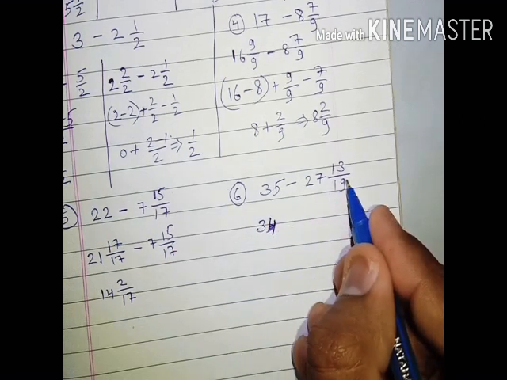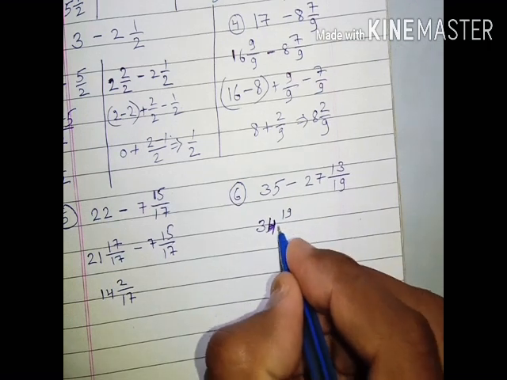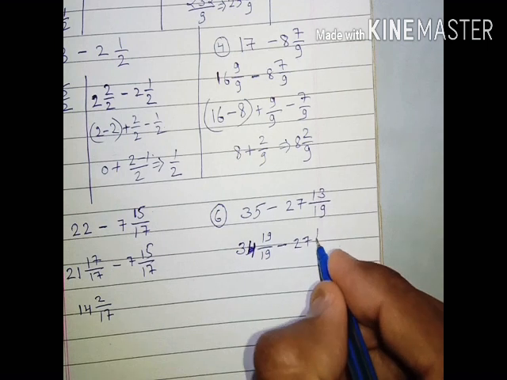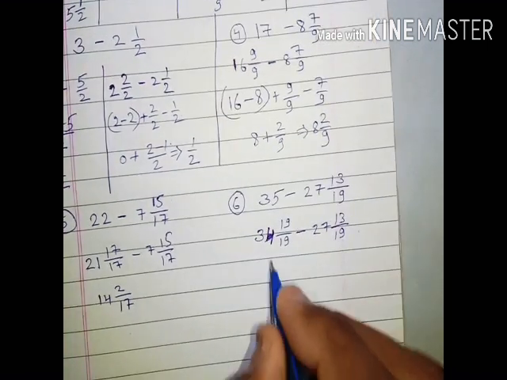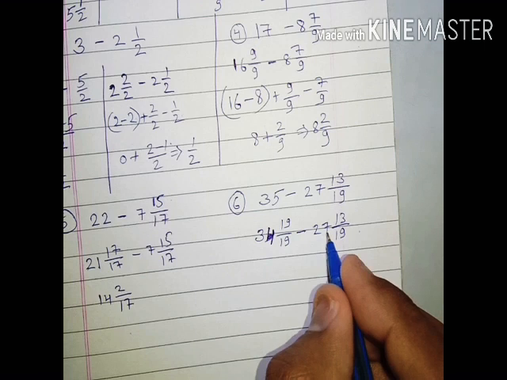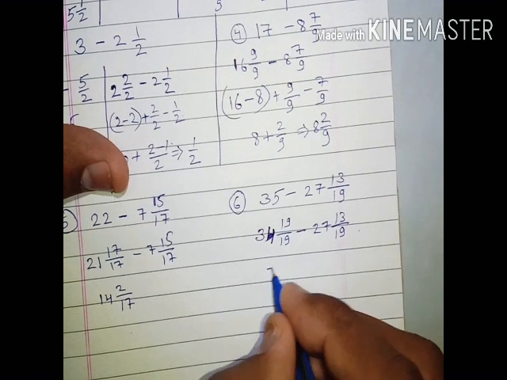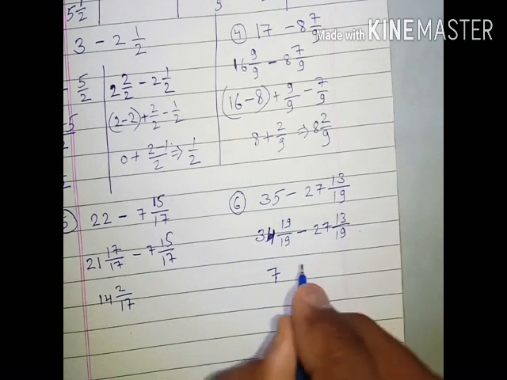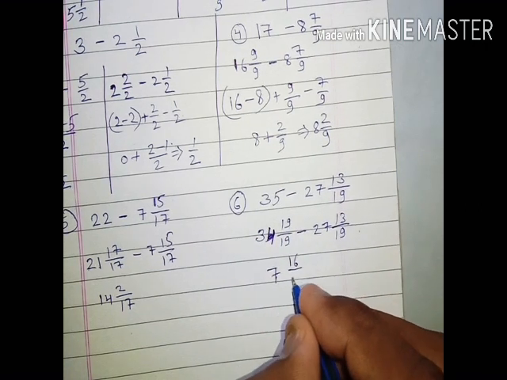The denominator is 19, so we write 34 19 by 19, subtract 27 13 by 19. 34 minus 27, the answer will be 7, and from 19 if we subtract 13, the answer will be 6 by 19.